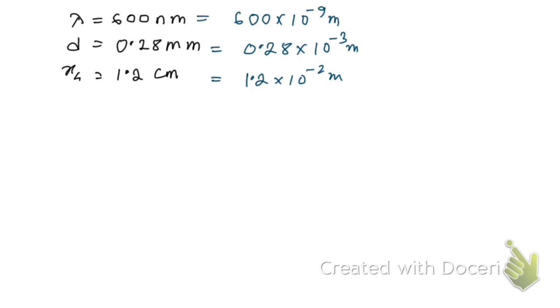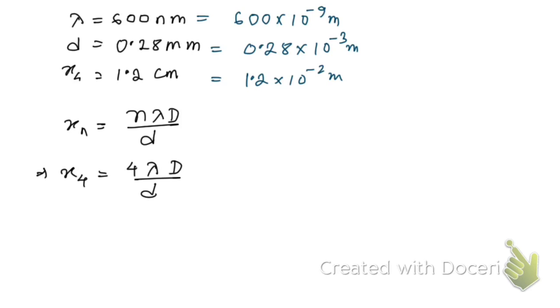Now here you see we know that xn is n into lambda capital D by small d. Therefore x4 will be equal to 4 into lambda capital D by small d. So from here we get capital D is equal to x4 small d by 4 lambda.